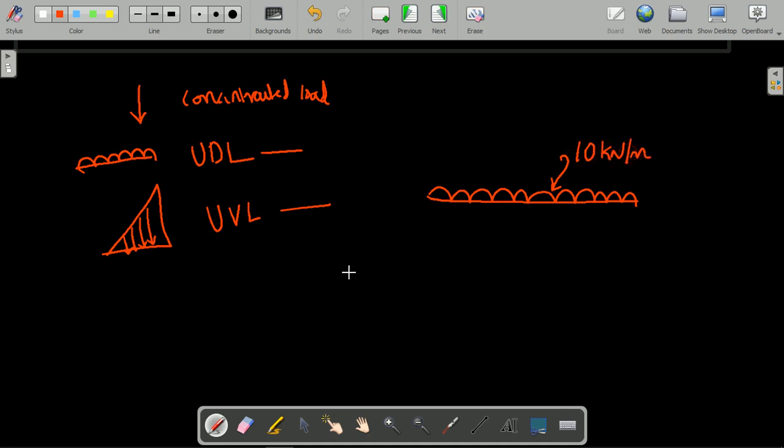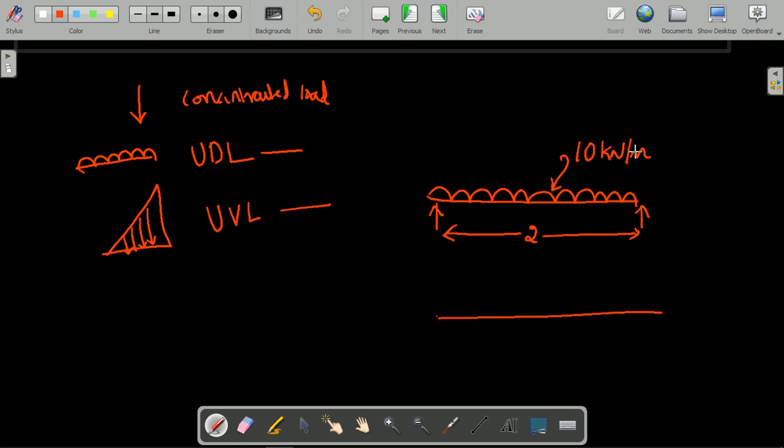Suppose you want to convert this UDL into a point load, and you take this as a 2 meter span. If you want to convert this uniformly distributed load into the point load, you have to multiply this magnitude by the span over which the UDL is acting.